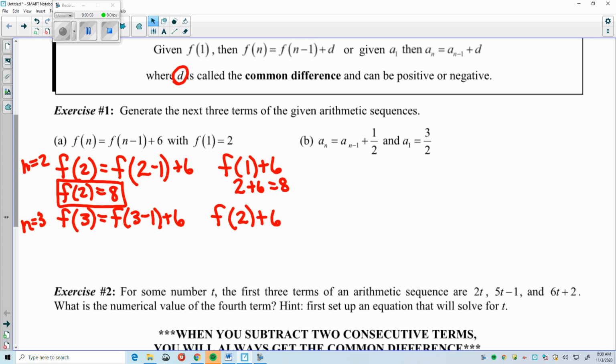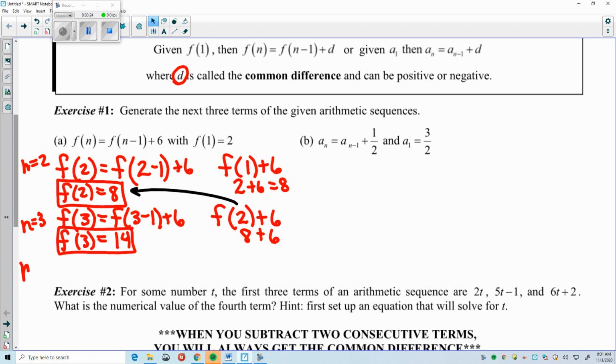And remember, we found f of 2 back here. F of 2 we know is 8. So this is going to be 8 plus 6, which tells me f of 3 is 14. So our third term in the sequence is a value of 14.